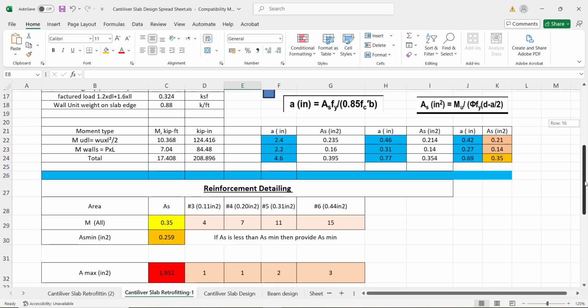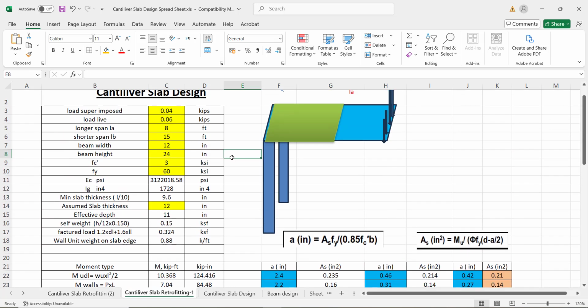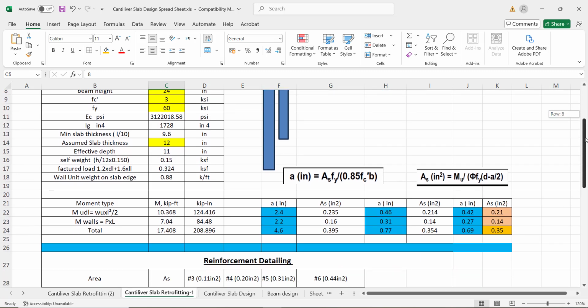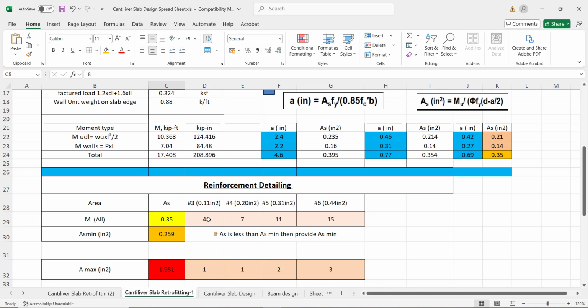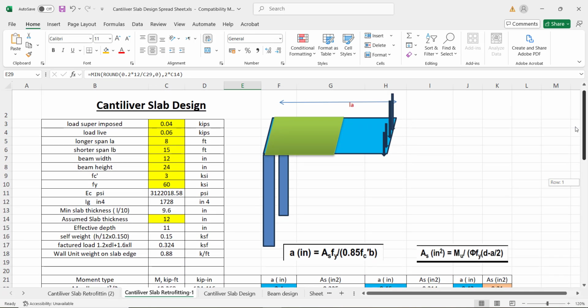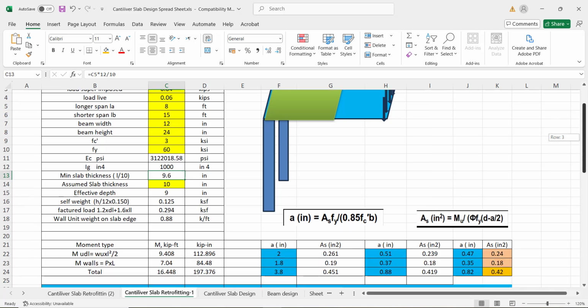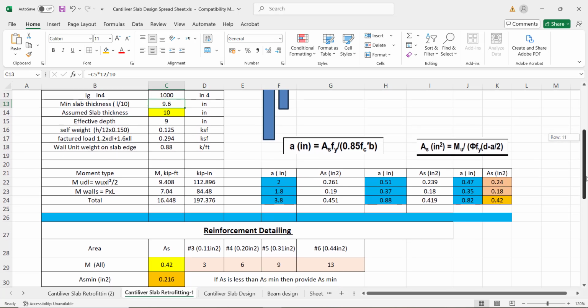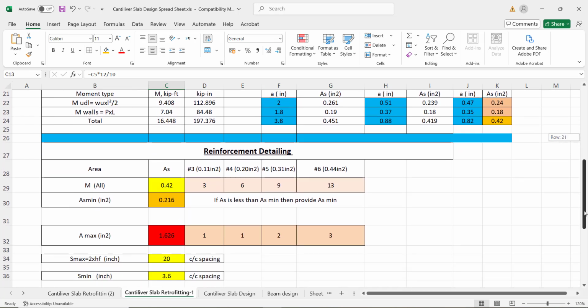Now we made it 8 feet, and the results are like this: 4 inches, 7 inches. Suppose we make it 10 now, because before it was for the 8 feet, this is 9.6, so we should go for 10 inches. That's why the area is different in all the cases.